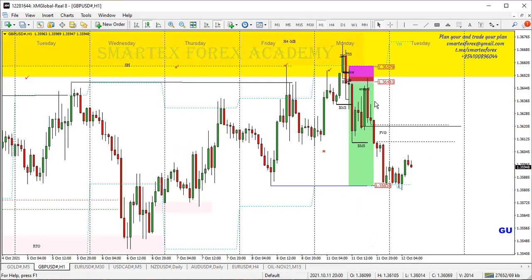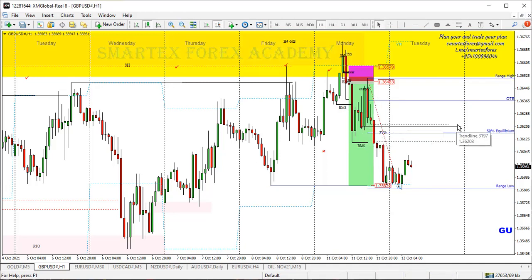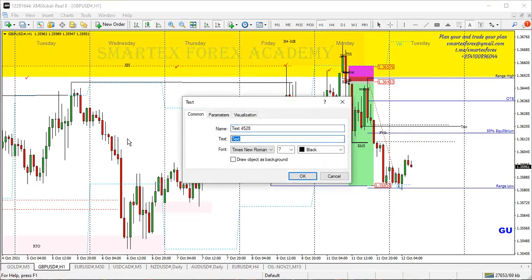And the internal liquidity here, this is our trading range. Looking at the internal liquidities, we have this bearish OB. This is our H1 negative OB.